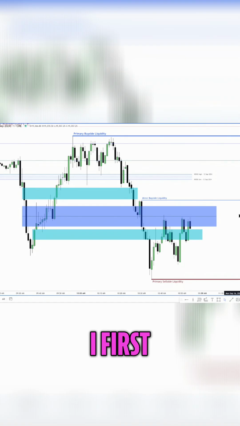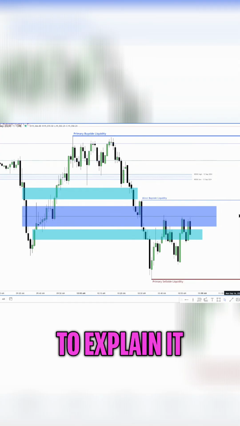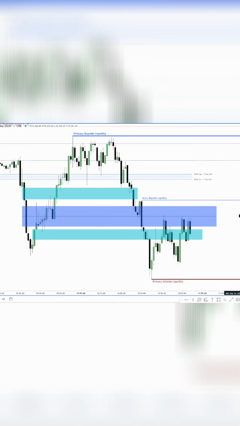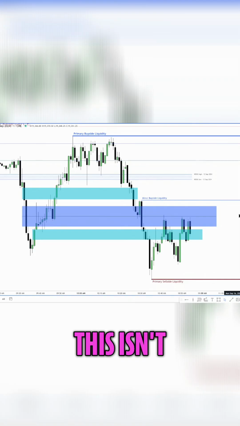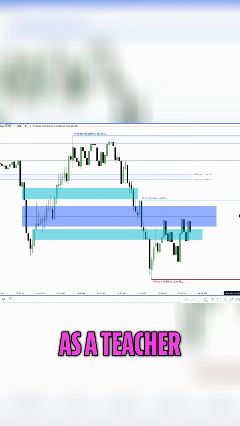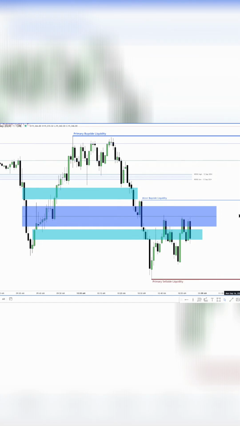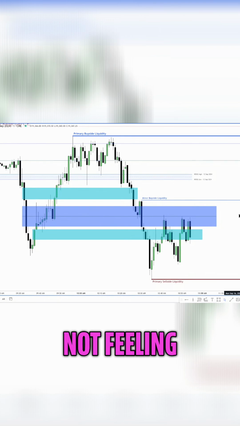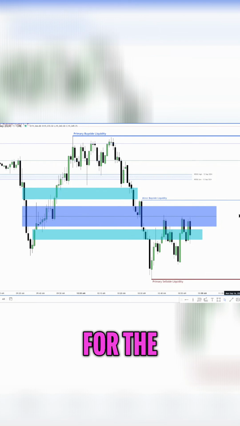Now I can imagine when I first started talking about this to Caleb, I was thinking this is going to be real easy for me to explain to him. And as I started to explain it, the deer in headlights look on his face was like, oh, this isn't going to be as easy as I thought it was for you to pick it up. And I started to second guess myself as a teacher for the very reasons of not feeling comfortable reaching for the words I thought were going to be easy for him to grasp and say, oh yeah, I can see that, Dad.